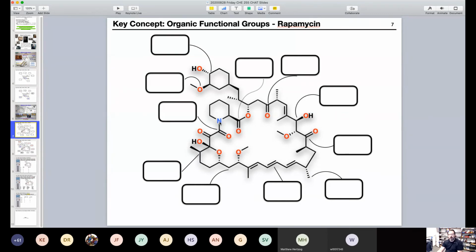There are three types of amides. When we're considering the nitrogen, it's bonded to 1, 2, 3 carbons. It's bound to 3 carbons, so this is a tertiary amide.